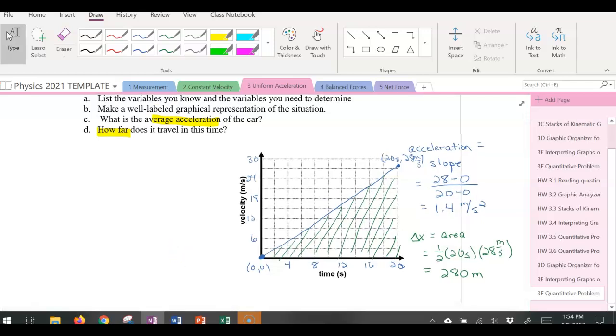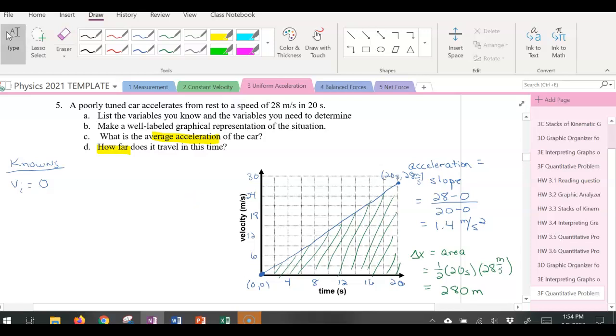But now let's use the equations. So a good practice is to make a list of the things that you know, and then we'll use those to choose the equation that we're going to use. And so here, I know that the initial velocity is 0 because it told me that the car starts from rest.